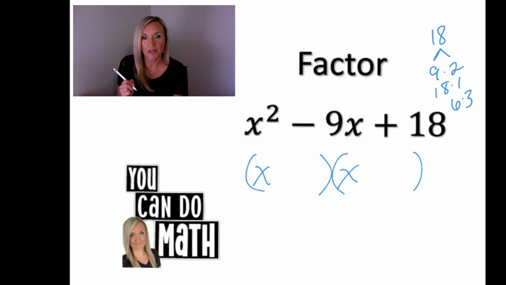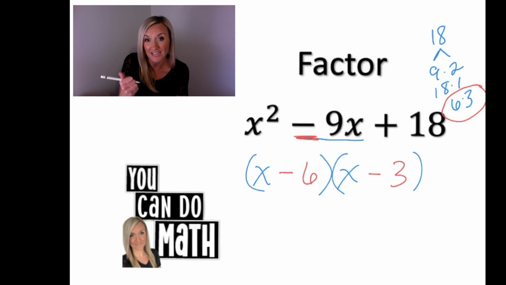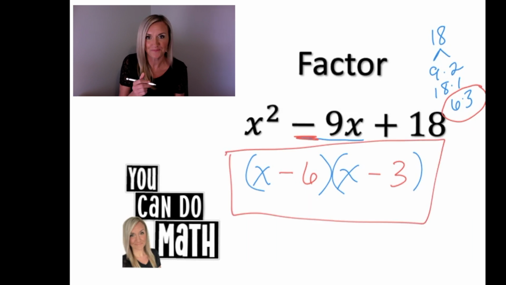Which one of those pairs, if I add or subtract, will get me to negative 9? Well, the 6 and the 3 will. If I add 6 plus 3, I will get 9. But look at the signs. The sign is a negative. So I need a negative 6 and a negative 3, because then I have negative 9. And that is your factored form.